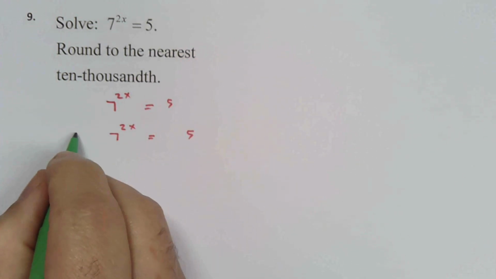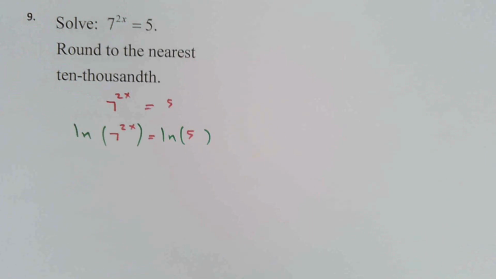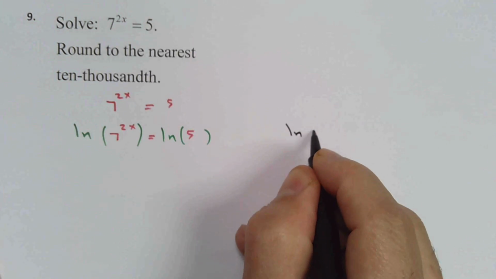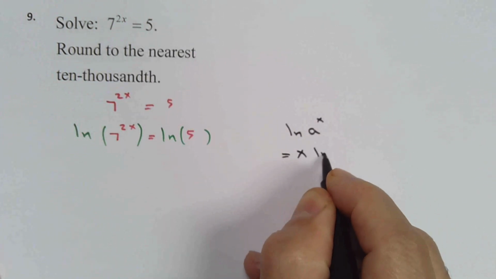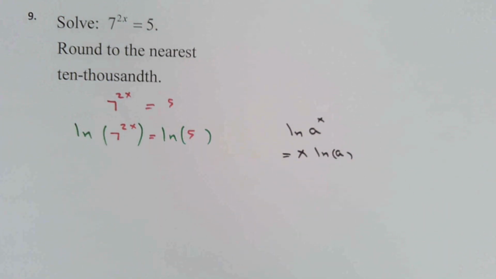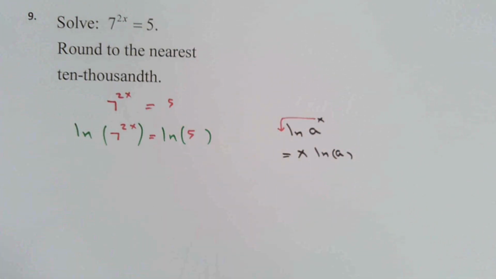So we're going to apply ln to both sides. That will bring the 2x up front. The formula says ln a to the power x is the same thing as x ln a. It's like you could bring the x to the front.